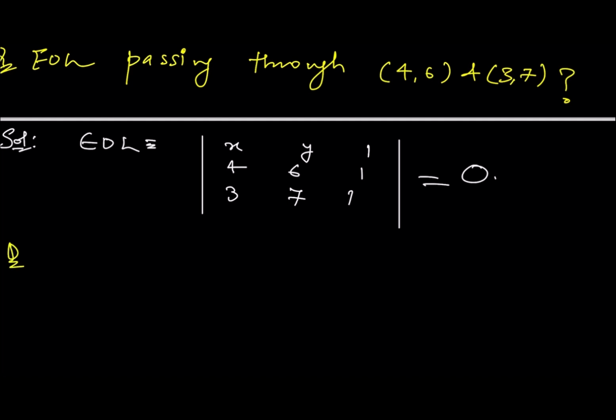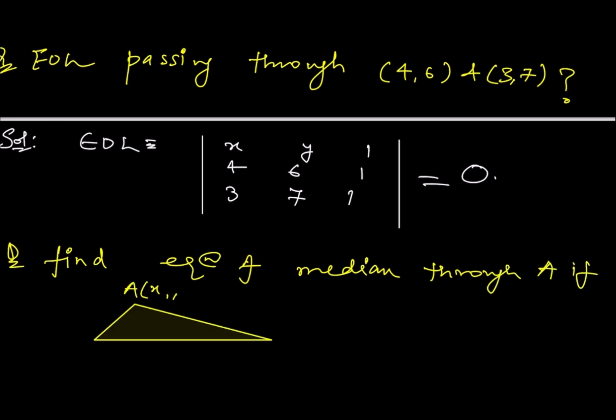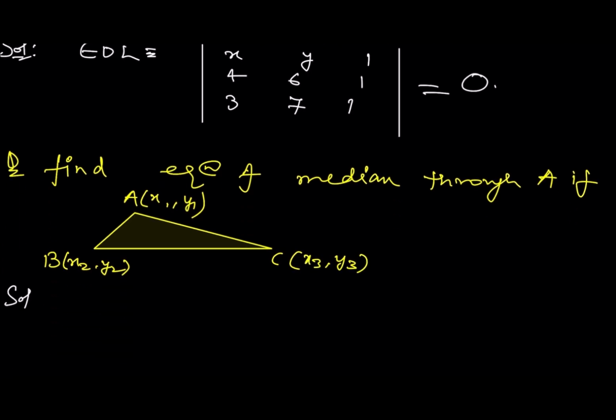So take another question. Find the equation of the median through A, if A is (x1, y1), B is (x2, y2), and C is (x3, y3). So we have to find the equation of the median through A. We need two points.